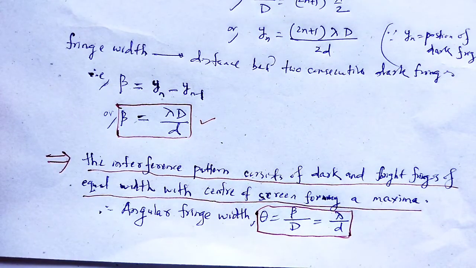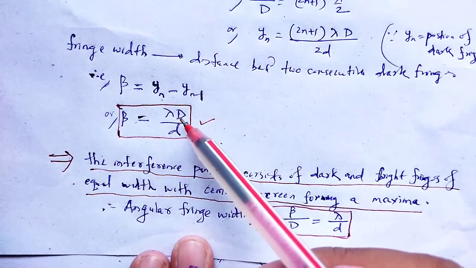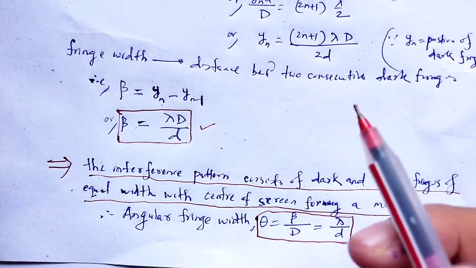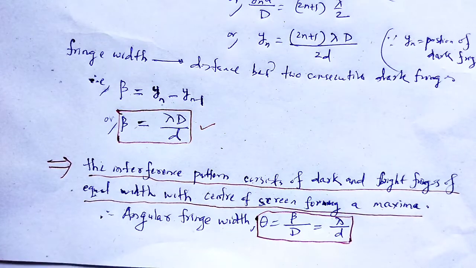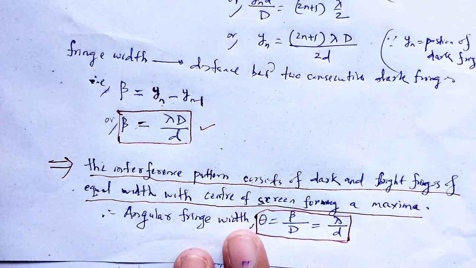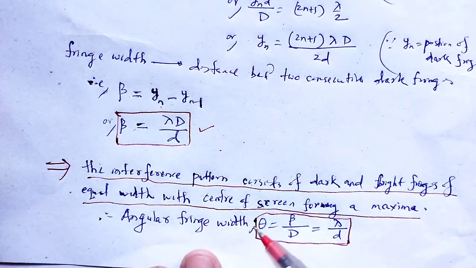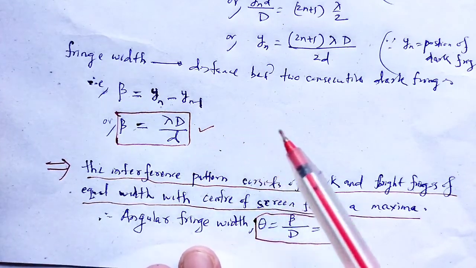So what we observe from this Young's double slit experiment, look here, the fringe width is directly proportional to the wavelength. As a simple example, the red fringes are much wider than blue fringes, since the wavelength of red light is much more in comparison to that of blue. And again the fringe width is independent of small n.